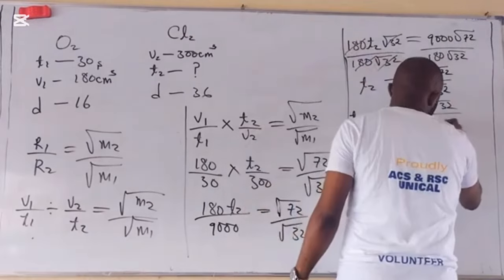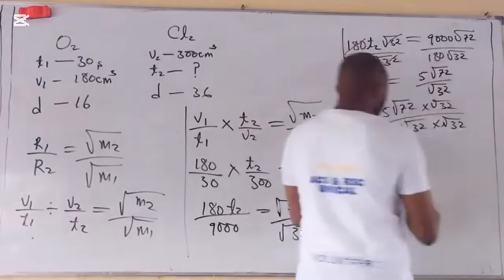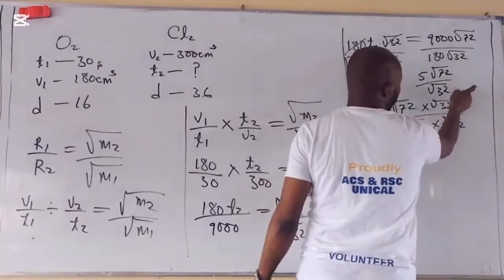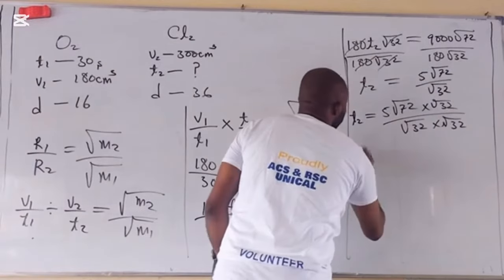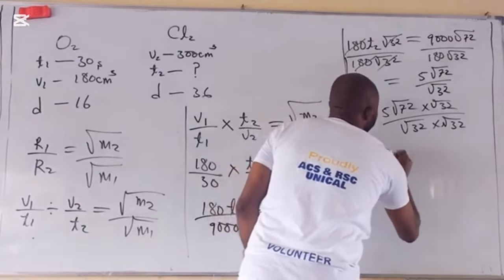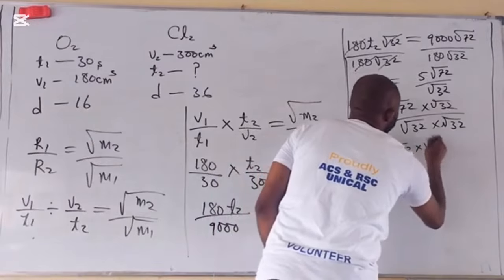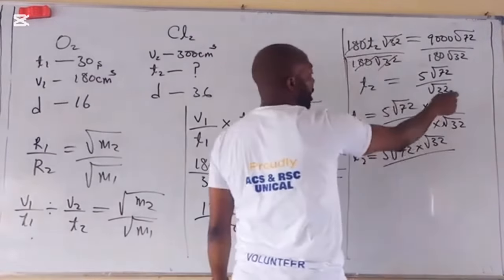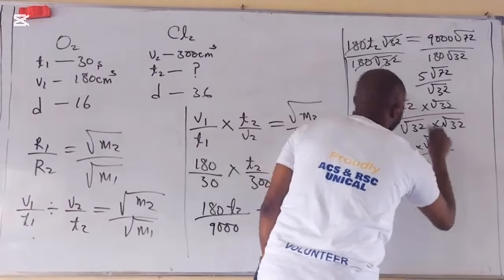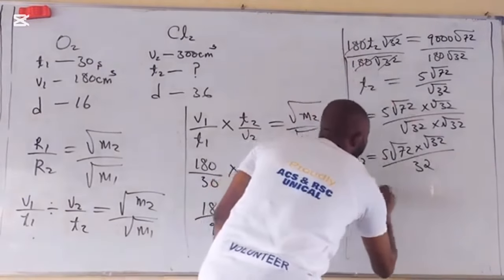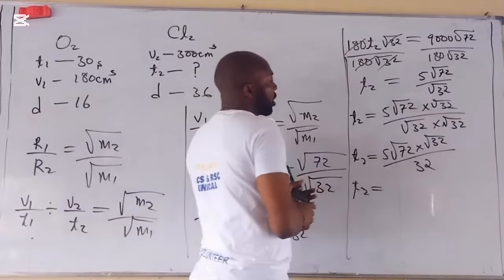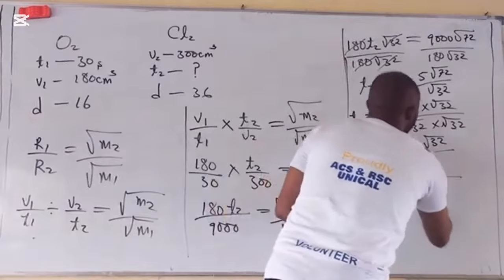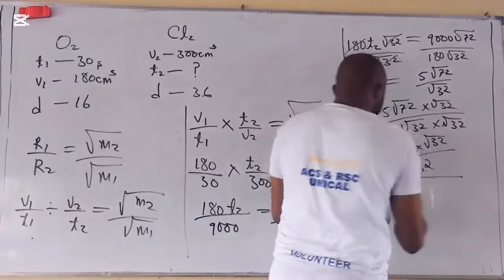You use the root and multiply both up and down. That is the law. So T2 will be 50 root 72 times root 32 over root 32 times root 32, which is 32. So T2 will be 50 times root of 72 times 32.